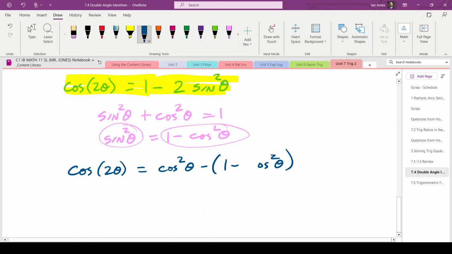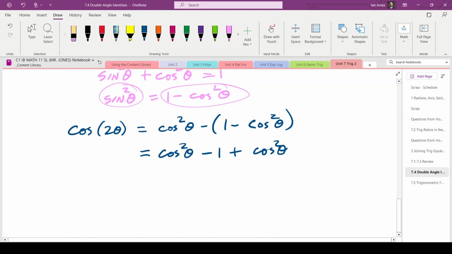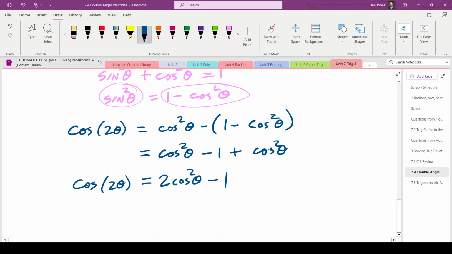Okay, let's fix up that C. There we are. Now, if I simplify this, I get cosine theta squared minus 1 plus cosine theta squared, right? Subtracting a negative. And so I get 2 groups of cosine theta squared minus 1. So this gives us the third version of this identity. Right here. Okay.